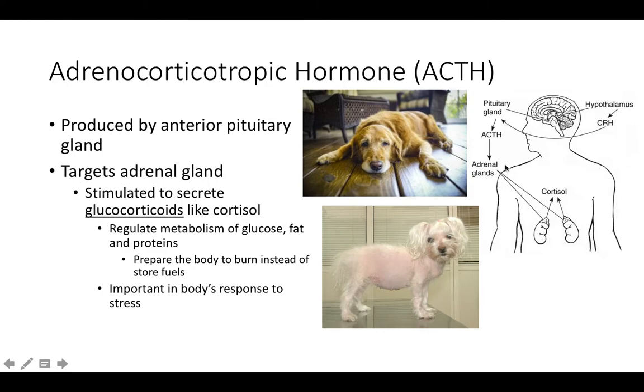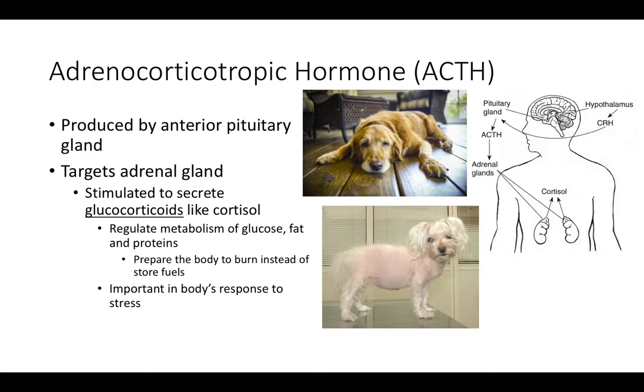And so what that means is the adrenal glands aren't being stimulated adequately, and we don't get enough glucocorticoids. And so the way that that affects them is they have an inability to regulate the metabolism of these macronutrients. And in that way, maybe the effects that you see are somewhat similar to diabetes, in that people with diabetes have trouble regulating their glucose levels.